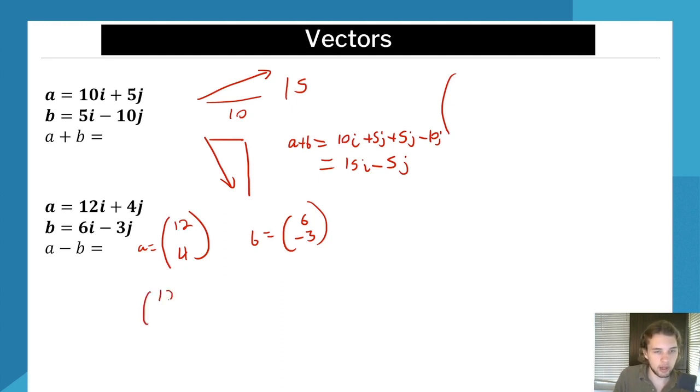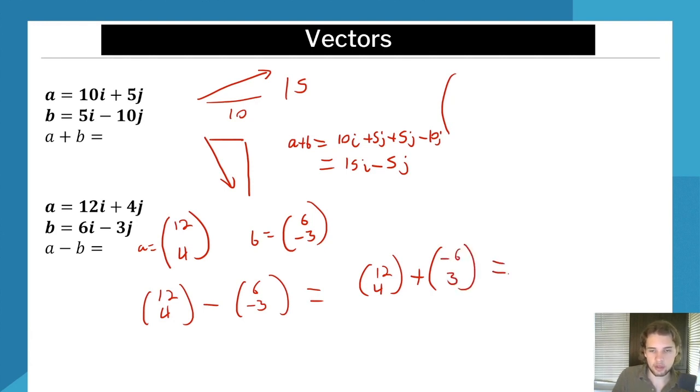We have 12, 4, minus 6, minus 3. And then we can, of course, use our normal understanding of maths to interpret it as we can flip it to a plus, and then we can flip all the signs inside these brackets here. So then the resulting matrix vector would be 6, 7. And this is the line that goes from B to A. This is the vector, sorry.